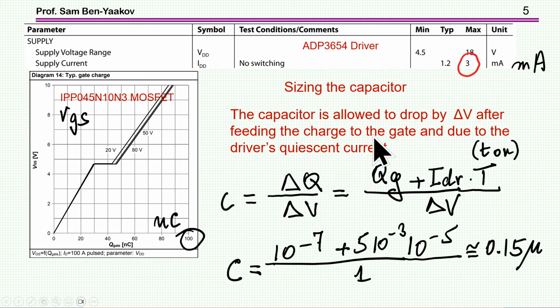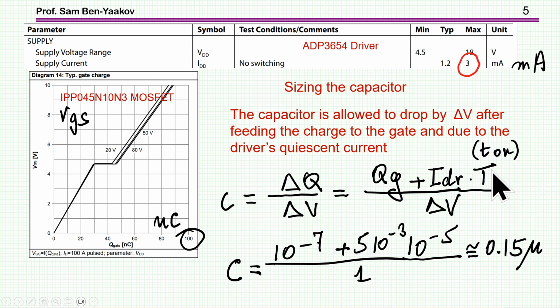So what is the size of the capacitance that we actually need? The capacitor has to supply two charges, one to the driver and then to the gate. Now the driver quiescent current is something like 3 milliamp, but then it is drained during the whole on time.